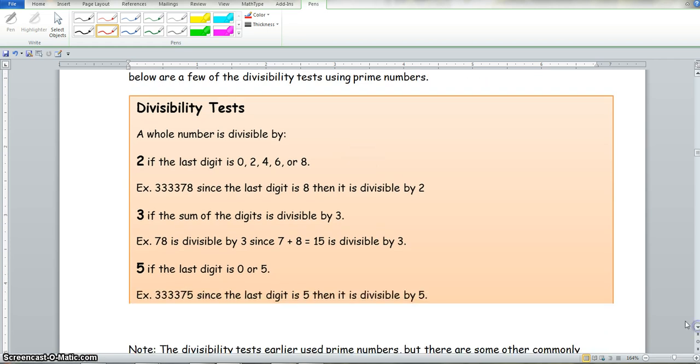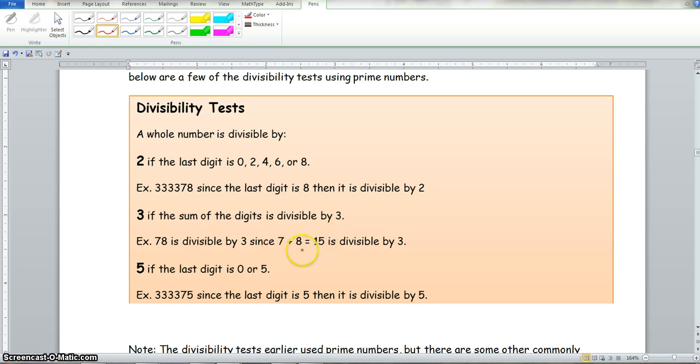Now, you can read this at your leisure, but typically 2, 3, and 5 are the numbers you're going to encounter most. If any of the numbers are even, you can divide it by 2. If you add up the digits, like for instance 78, the two digits added together give you 15.